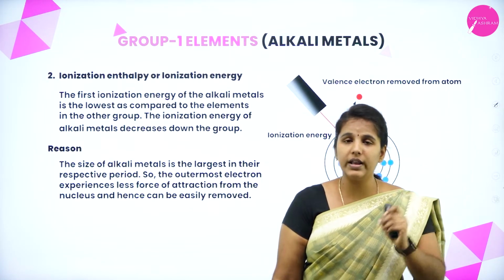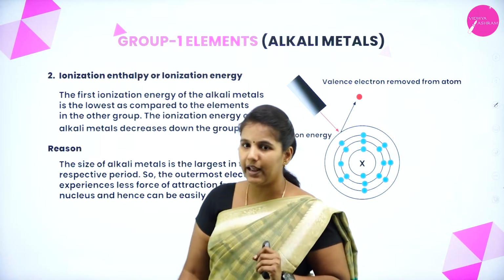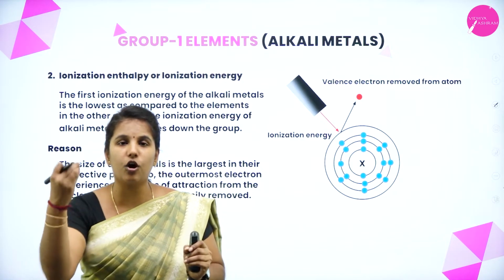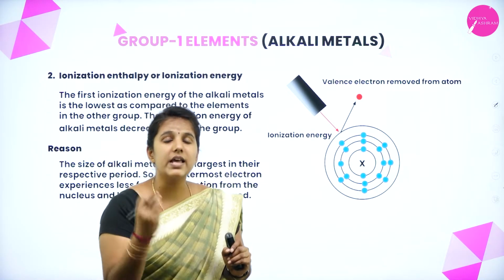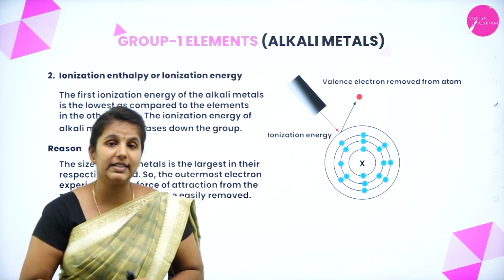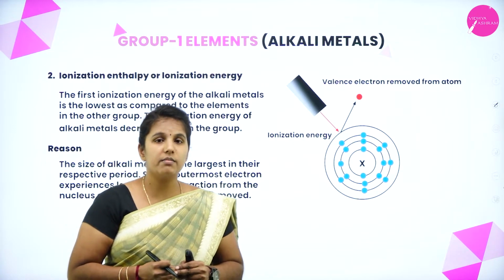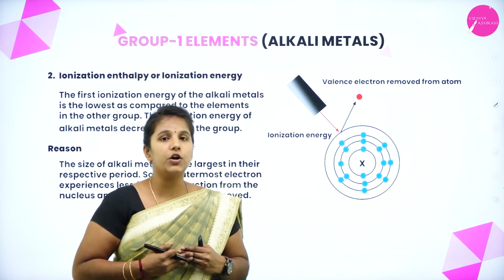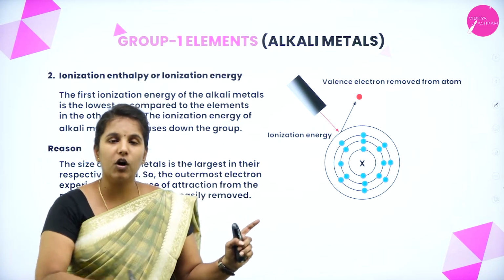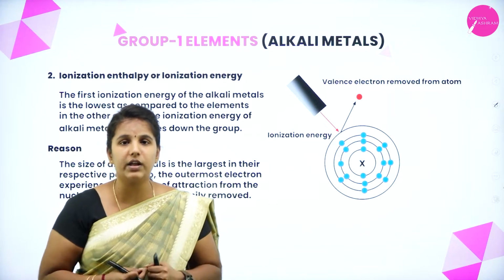After losing one electron, if you want to remove another electron from that element, the energy required, the second ionization energy, is larger for group 1 elements, because they have attained a stable electronic configuration except for the last electron. Removing another electron is very difficult.